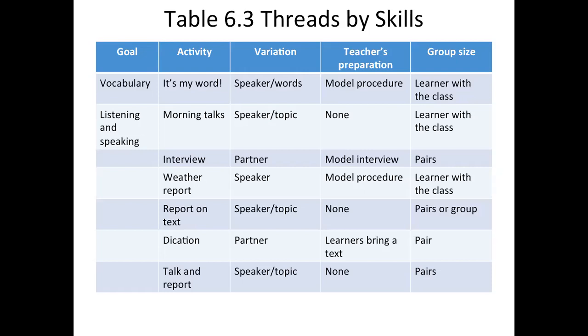The preparation of the teacher is a model procedure. The group size doesn't matter, whether it's a large class or small class, because you can group them all together when doing this kind of activity. This kind of activity can be found in some literature, some books on teaching vocabulary, for example, by Nation.